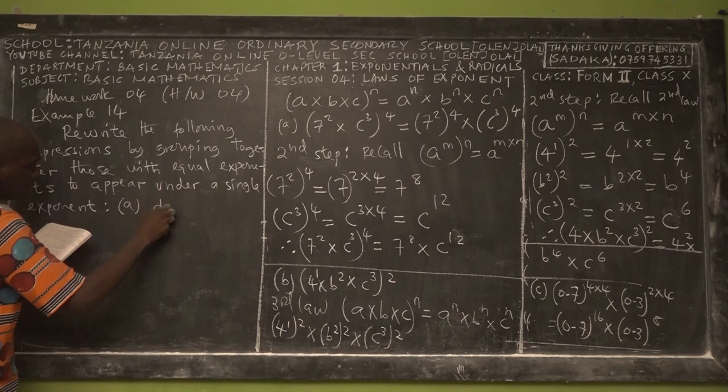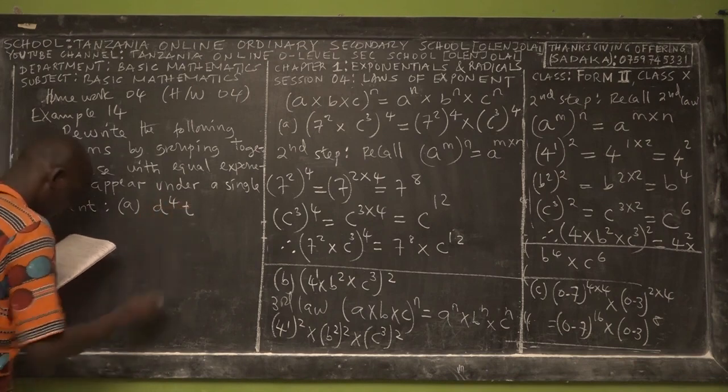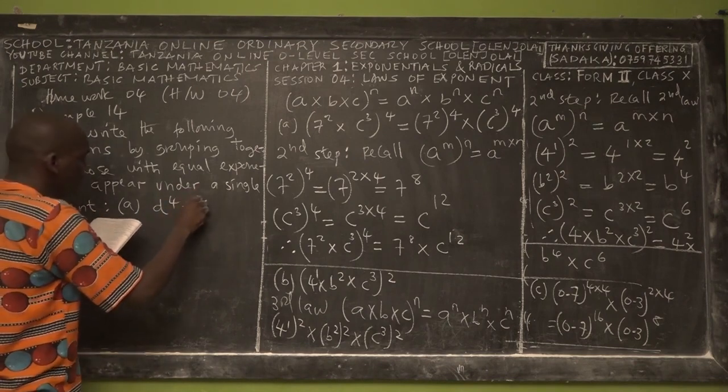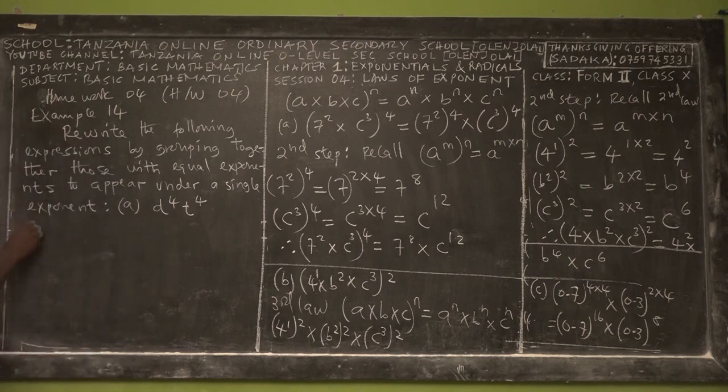A is 4 T power 4. B is A power 5 times B power 4.